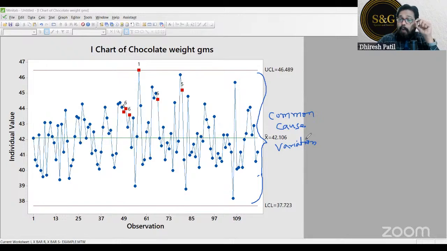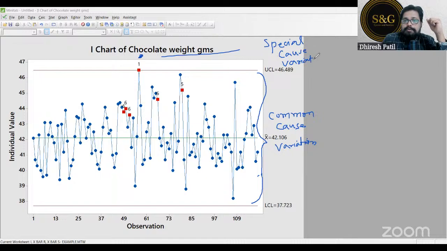But one day, whenever there's an accident on the road or your car breaks down or there is a puncture, so you come late. That is called special cause variation. So any data which is beyond control limits is called special cause variation.